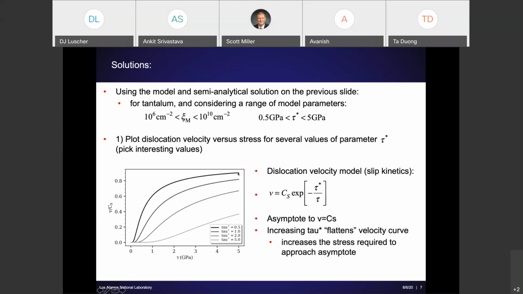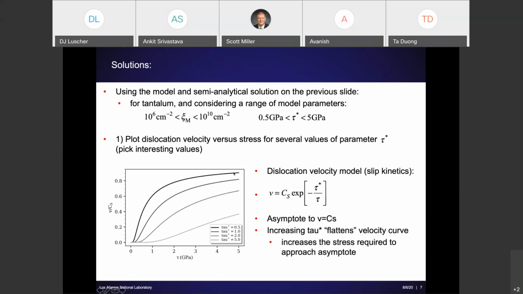We're just getting up towards 90% of that asymptote. But the dislocation velocity will asymptote to the shear wave velocity, C subscript S, at sufficiently high stresses. In the meantime, we see a relatively rapid rate of increase in the dislocation velocity at some lower stress magnitude, and then it plateaus at higher stresses.